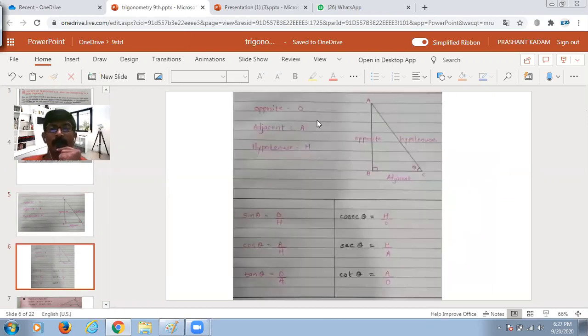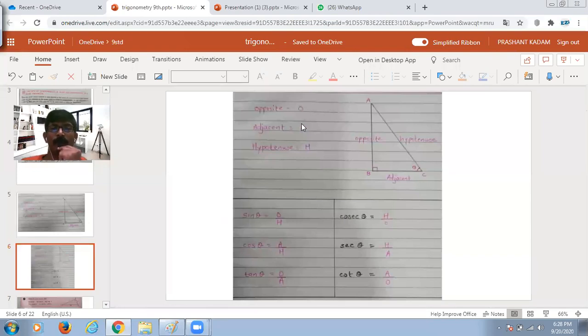Something like that. Okay, now with this diagram, I'm going to teach you the 6 T ratios. What are sine, cos, tan, cot, sec, cosec? See, you have to write in the same order only: sine, cos, tan, cot, sec, cosec.